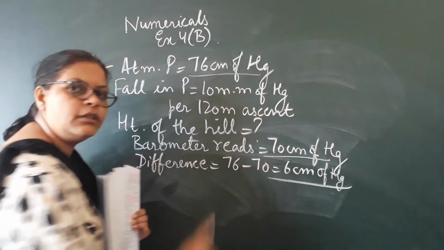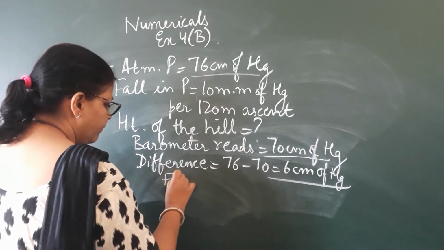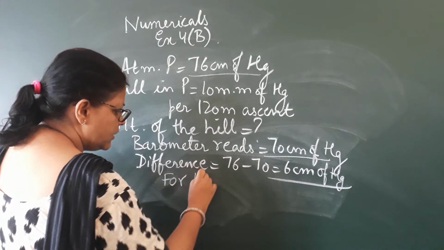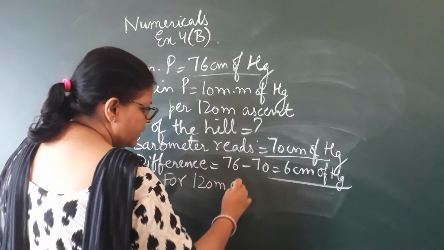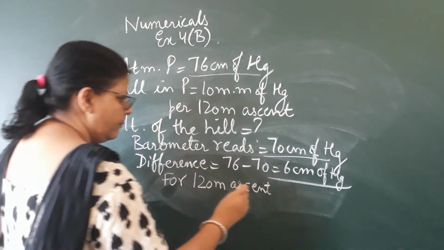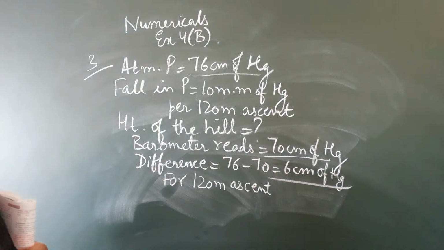Now after finding the difference, you go to the unitary method. You say for 120 meters ascent, what is the fall? The pressure falls by 10 mm.